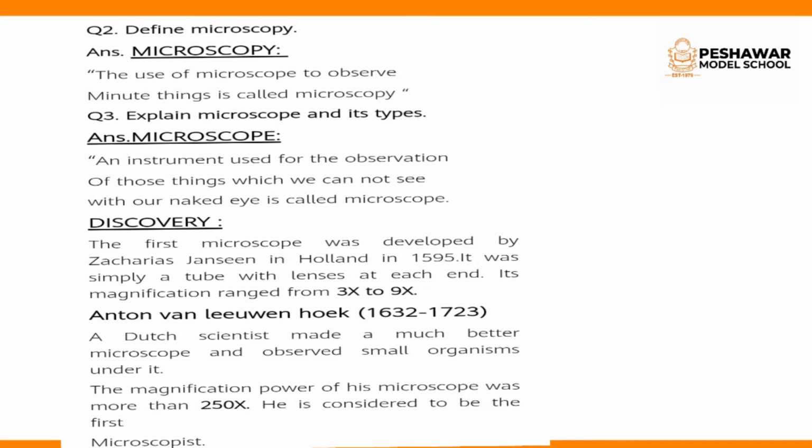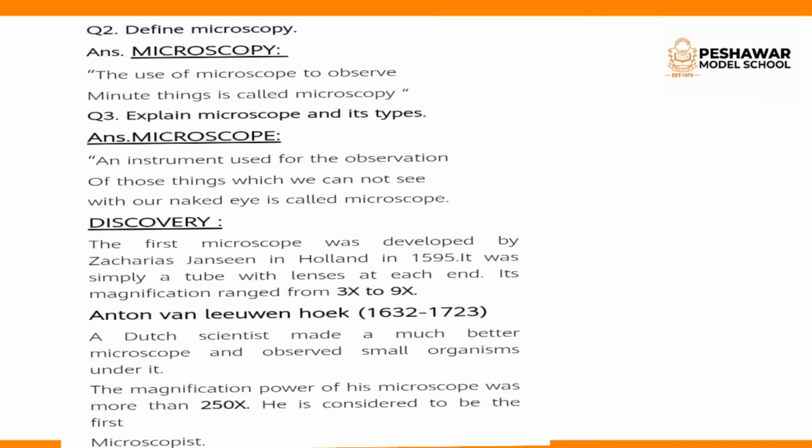Its magnification ranged from 3x to 9x, which was very little magnification. It was a very simple microscope, a simple tube with lenses at both ends, and Janssen observed things in this simple tube-like microscope.